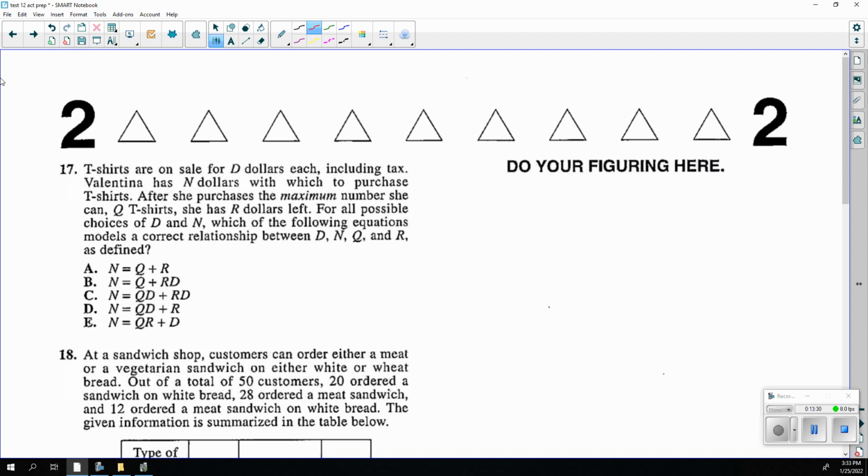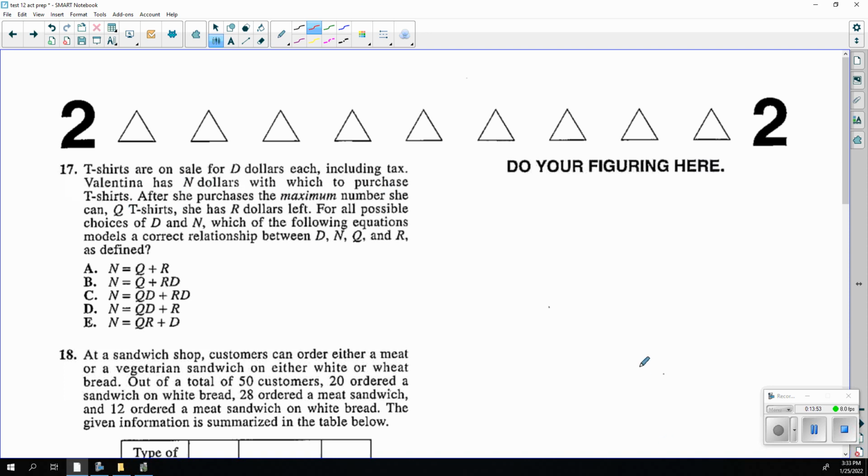These always make me think more than I want to. So t-shirts are $D each. So she purchases Q t-shirts, and she pays N dollars to purchase it.